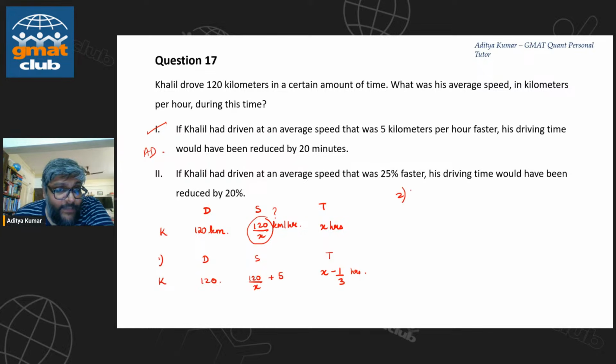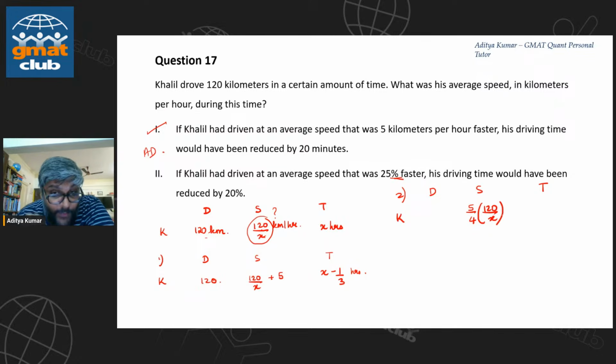If Khalil had driven at an average speed that is 25% faster, so again DST, I know these are the original time, distance, and speeds he traveled. So he's already traveling at 120 by x. 25% faster means 125%. That's 5/4 of 120 by x.